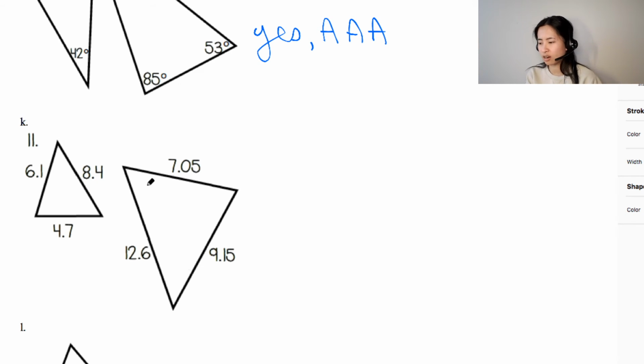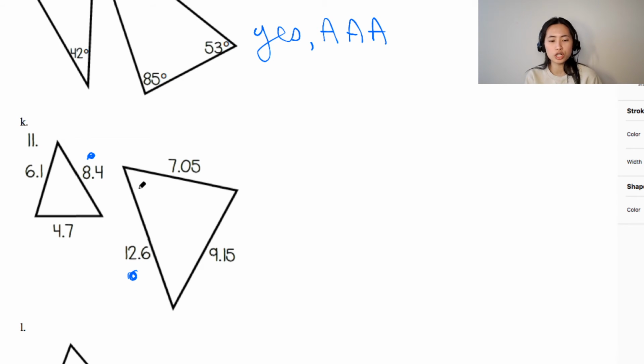Because I guess it gets harder to tell, especially if you look at a triangle like this, which side you're comparing to which side, right? So think about it. You know that the smaller triangle, among the three dimensions for the sides, the longest side, 8.4, over here, this needs to correspond with, let's see, 12.6, right?